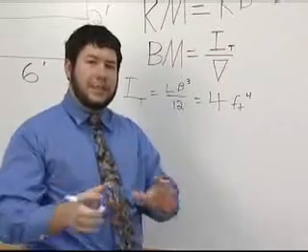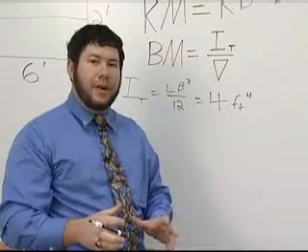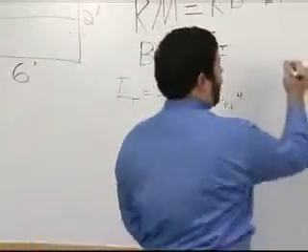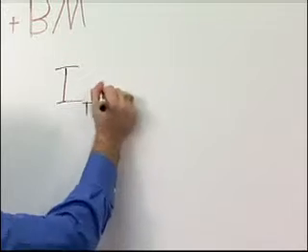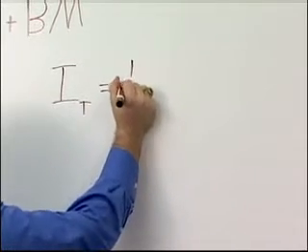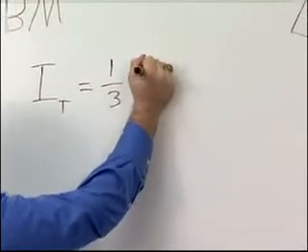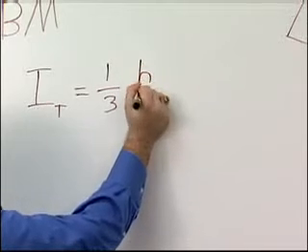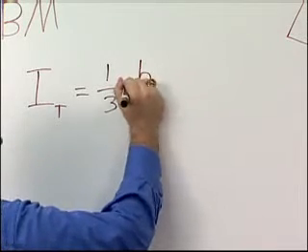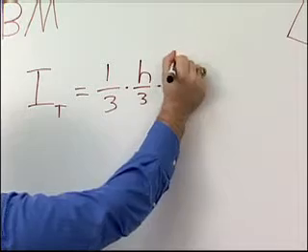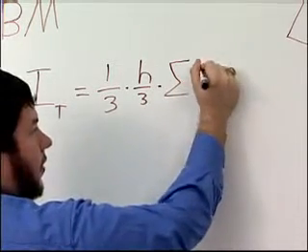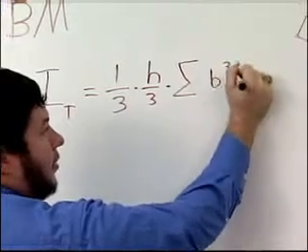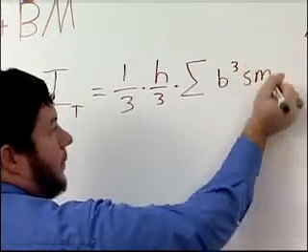It's a different twist than the Simpson's rule you've seen before. And that equation is I sub T equals 1/3 times h over 3 times the summation of the beam cubed times the Simpson's multiplier.